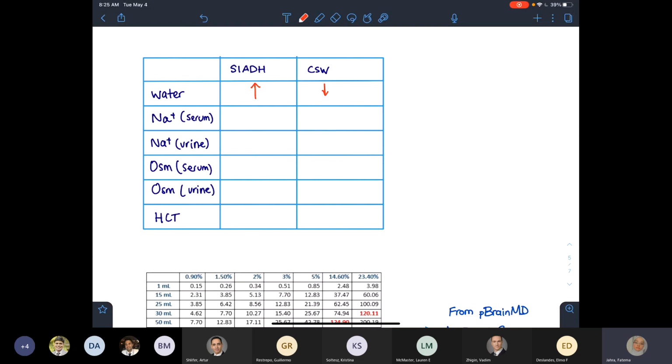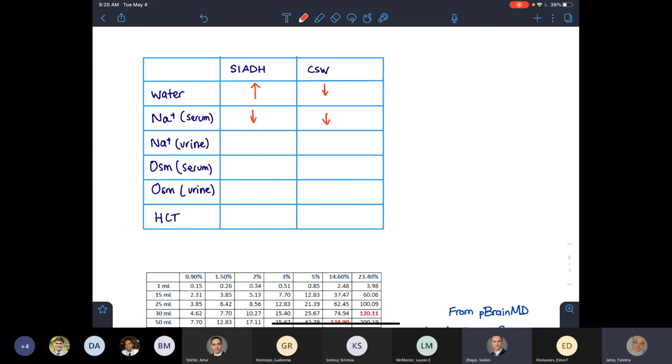Serum sodium in SIADH is what? Low. Pick a name for me, I can't see the screen, so you pick if you don't mind. I don't know who's actually in the call because I'm screen sharing. We have Alma, Brianna, Lauren, James, Brittany, Arthur.